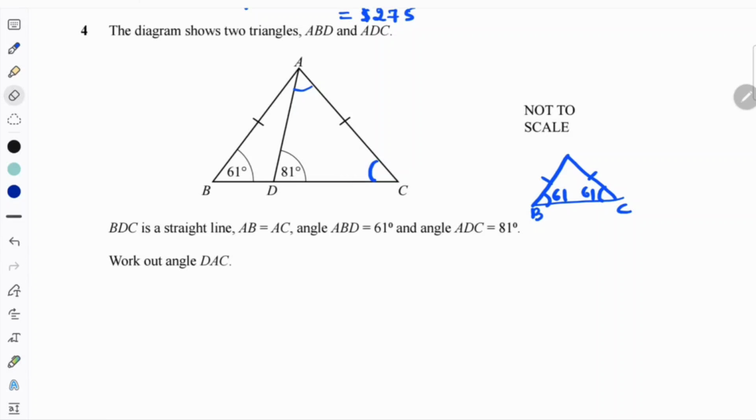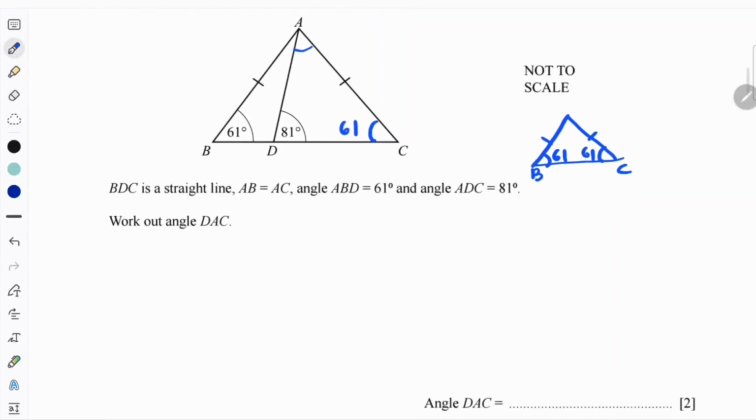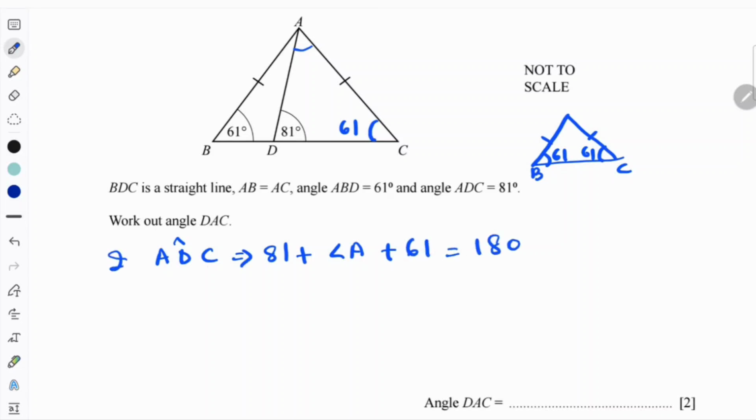Okay. So now the question is becoming easier. Here in triangle ADC, AB and AC are both equal, so angle C is also equal to 61. ADC is 81, plus angle A, plus 61 equals 180 degrees in triangle ADC.